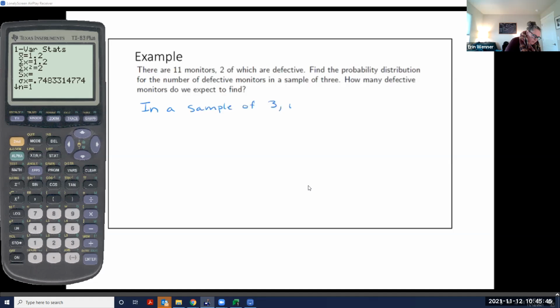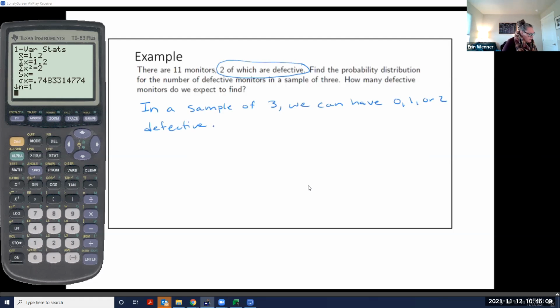We can have 0, 1, or 2 defective. Why is it 0, 1, or 2? Well, there's at most 2 defective, right? So we can't have 3 defective because there's only 2 total that we could even choose from.